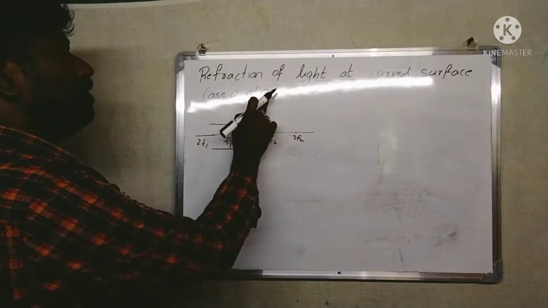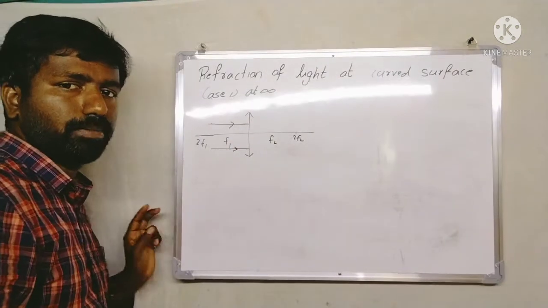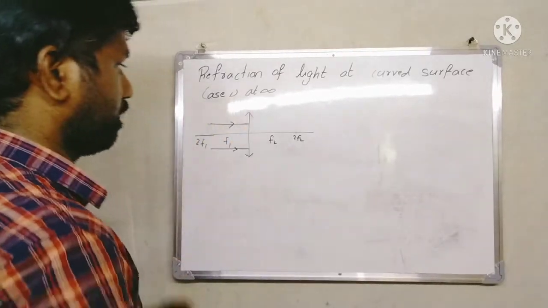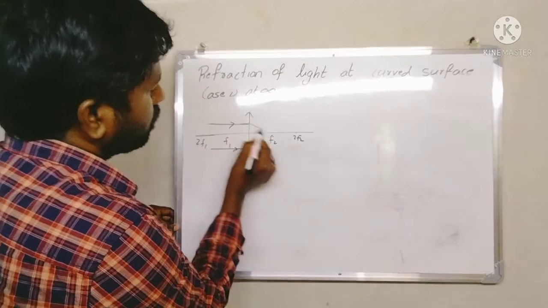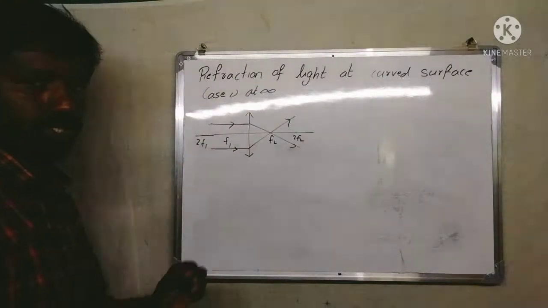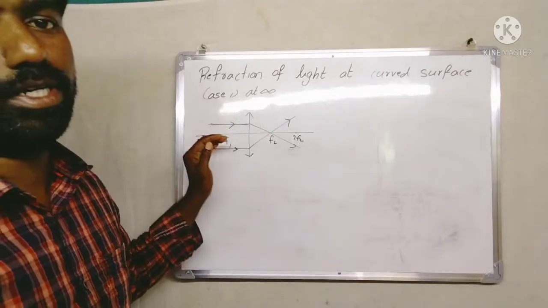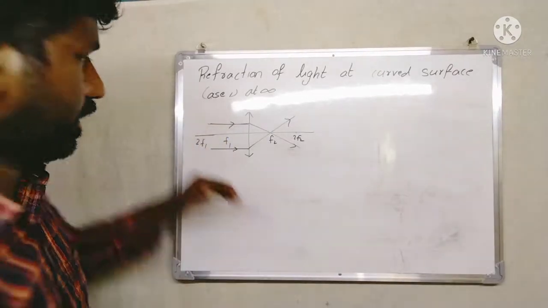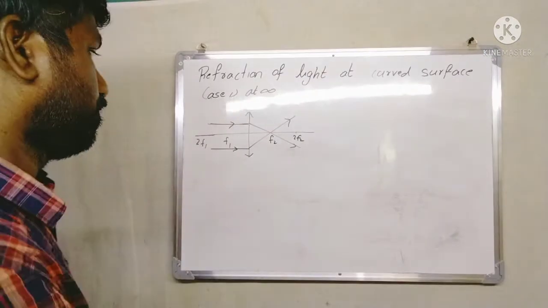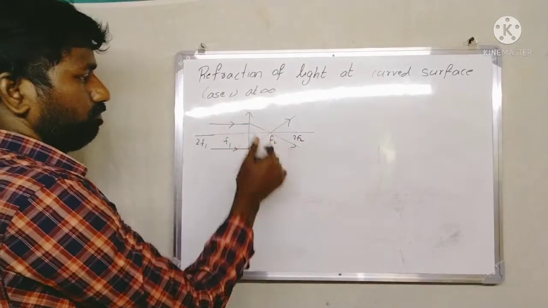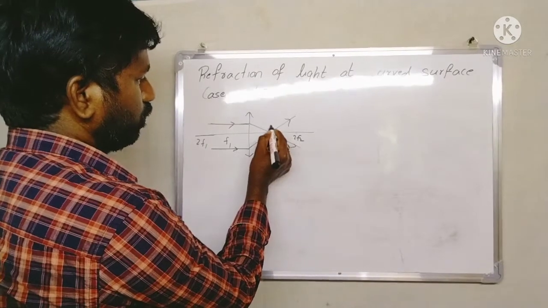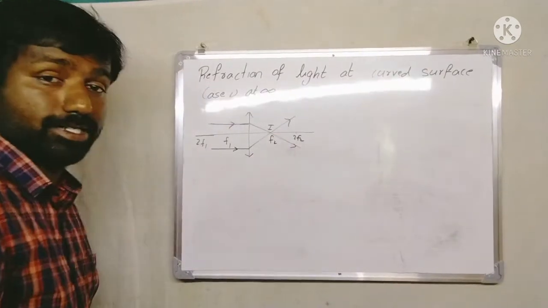If the object is at infinity, the incident rays are a parallel beam, and a beam parallel to the principal axis passes through the focus. In the last session we discussed, if the incident ray is parallel to the principal axis, then the refracted ray passes through the focus. So this also passes through the focus, meaning at this point the two are going to intersect.